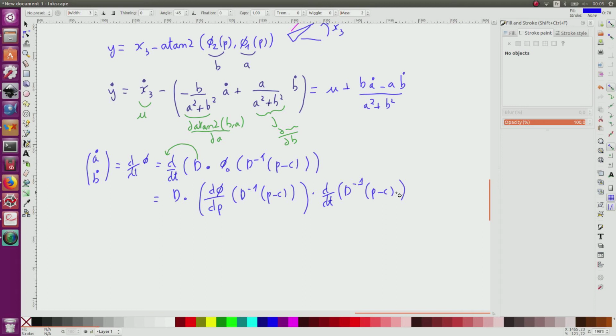Okay, so I can also put this out of the parentheses, and then this is constant, so it will be removed, and this will correspond to t minus 1 multiplied by p dot.